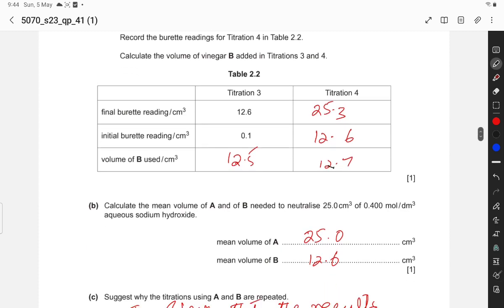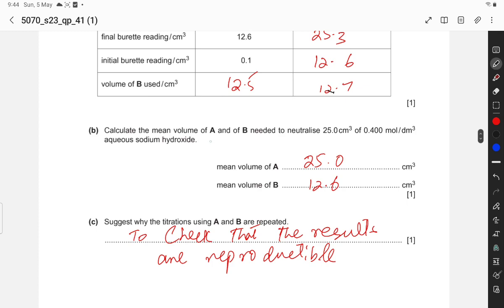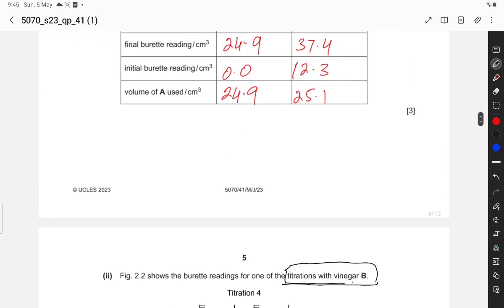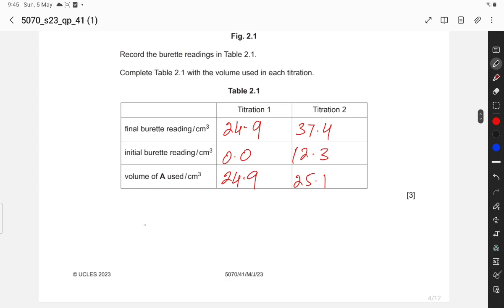Now we have 12.5 and 12.7. Calculate the mean volume of A and B needed to neutralize 25 cm³ of 0.400 mol per dm³. So how to calculate the mean volume of the burette? By adding 2 burette readings: 24.9 plus 25.1 divided by 2.